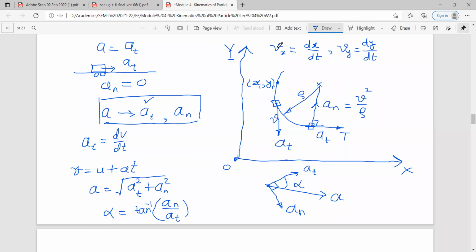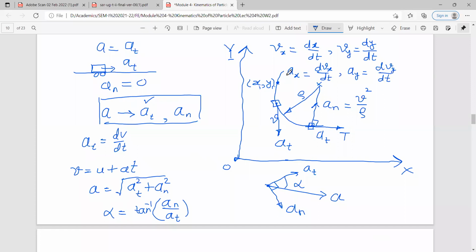And once you have the velocity along x direction and y direction, you can also have the acceleration. Acceleration in x direction ax is equal to rate of change of velocity in x direction upon time. Similarly, acceleration component in y direction can also be calculated as dvy upon dt.